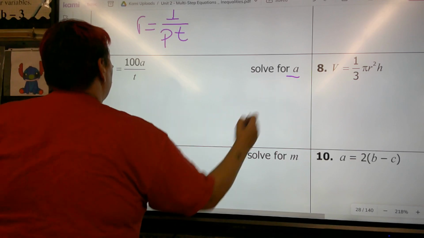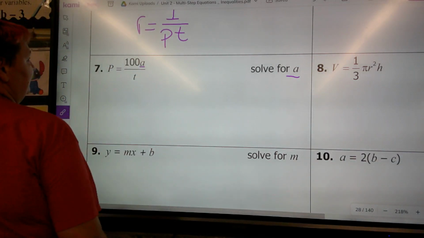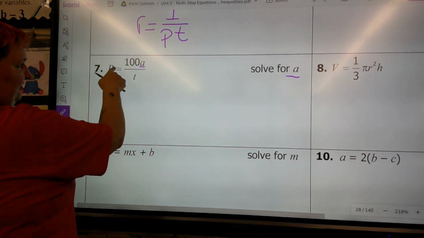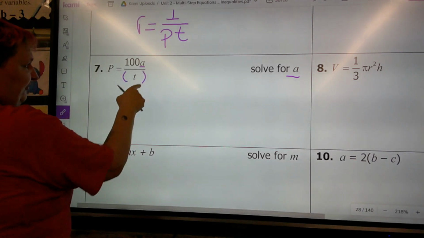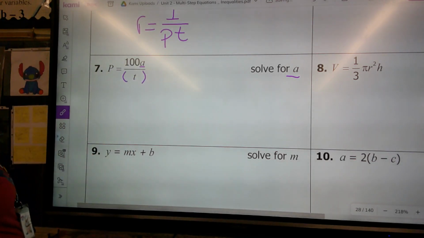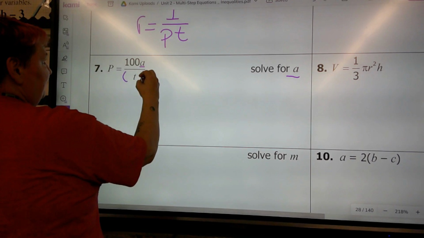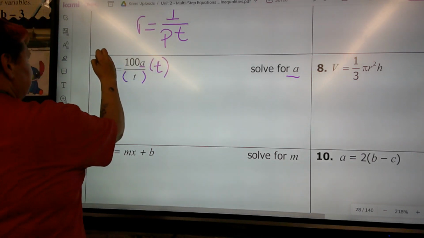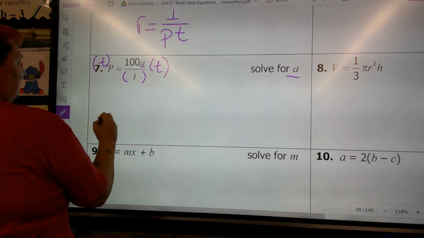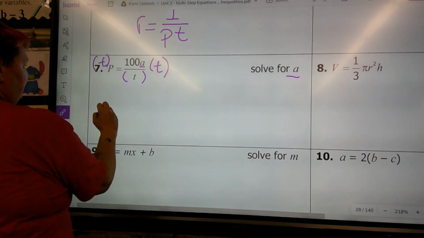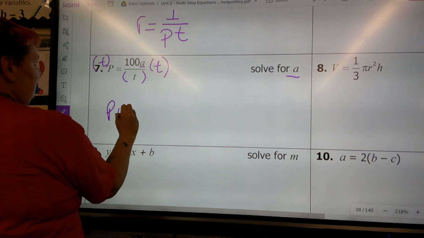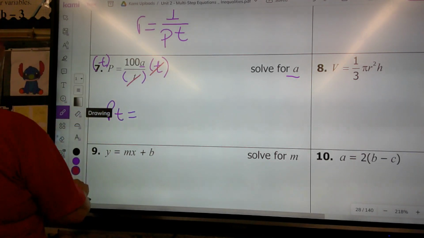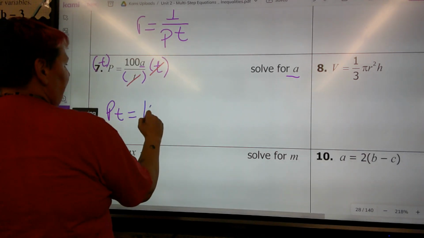Solve for A. Ooh, this one's going to be interesting. Alright, so first I got to get rid of this T. Remember, because the big divider bar means there's invisible parentheses, right? That means I have to deal with this first. Alright, to get rid of that T, I am going to multiply both sides by T. So now it's PT equals 100A.